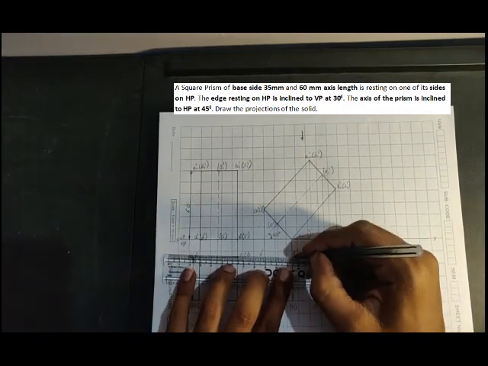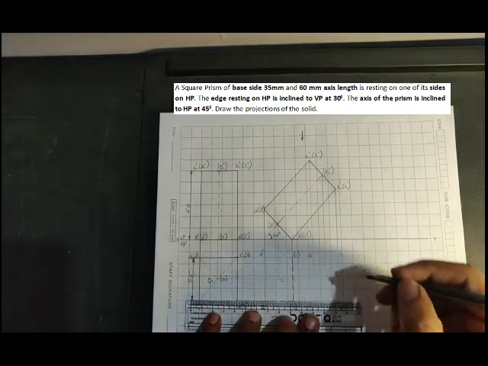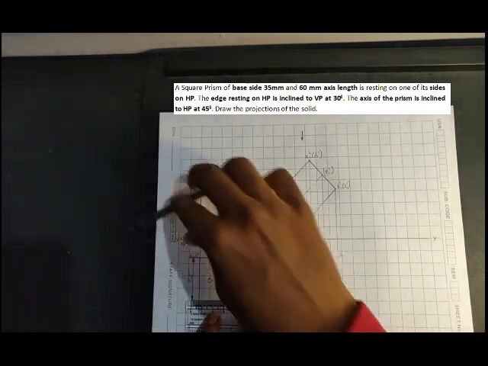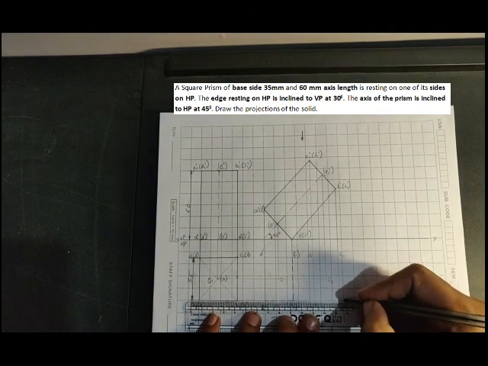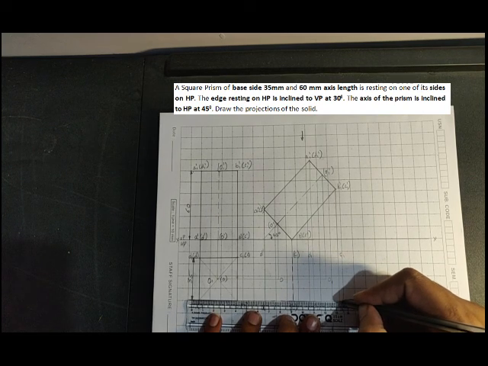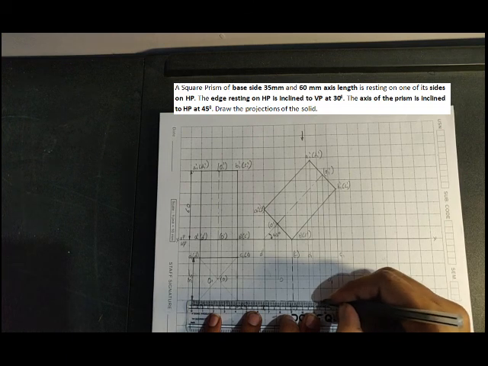Similarly, if I consider B here, B to B1 is hidden, correct? So from here, B to B1 is hidden. So let me draw this and later you will understand.